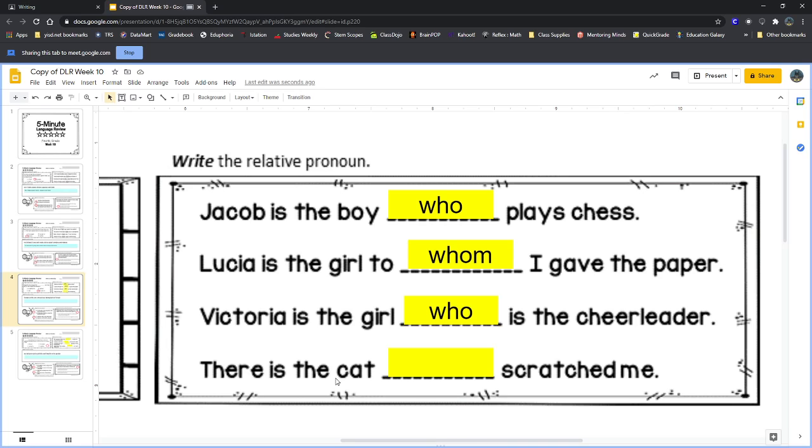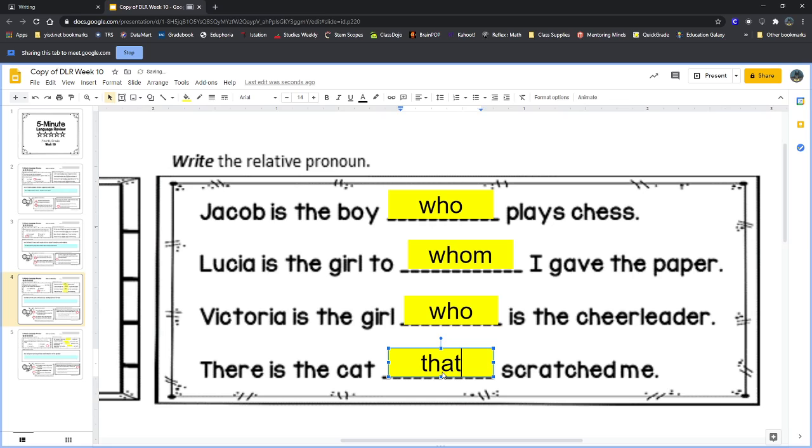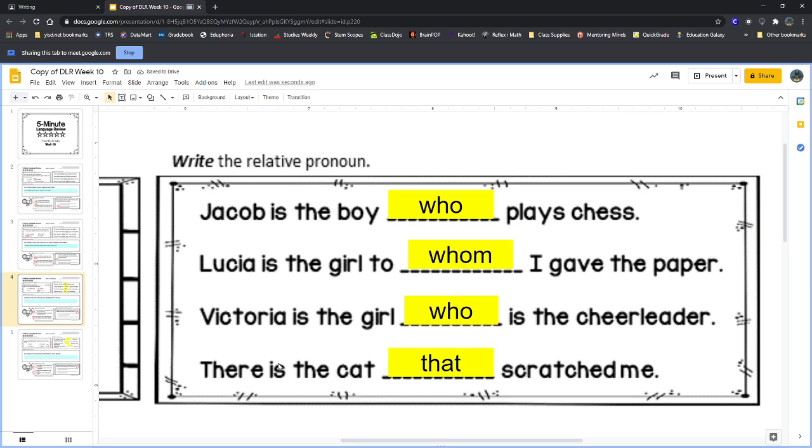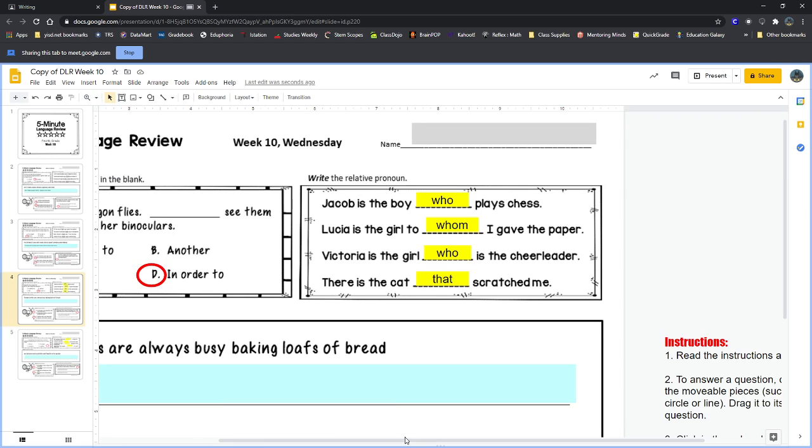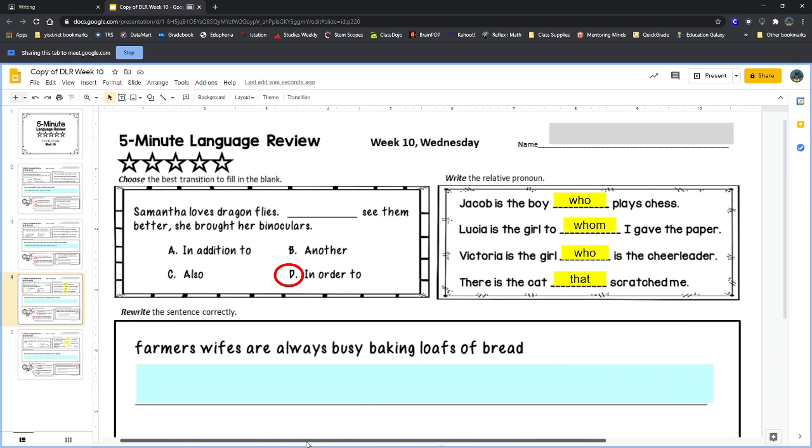That. If I'm talking about something that is not a person, I would use that. There is the cat that scratched me. So if it was a person, Jadine, if it was like your sister that scratched you, we could use who. There's the girl who scratched me. But since it's not a person, we use that.